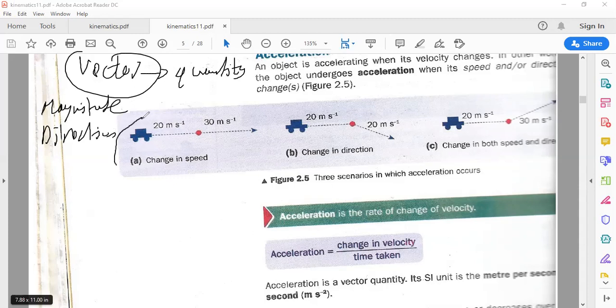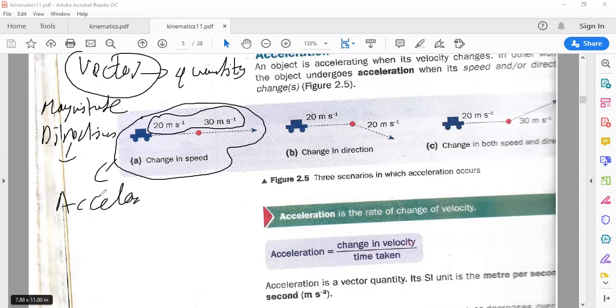Now in part A, it changes from 20 meters per second to 30 meters per second. The direction is the same. There is no change in direction, but there is a change in magnitude. It has moved from 20 meters per second to 30 meters per second, a change of magnitude by 10 meters per second. So acceleration would be produced.